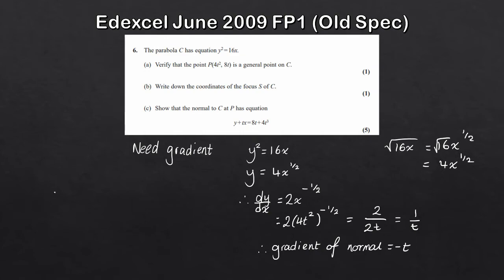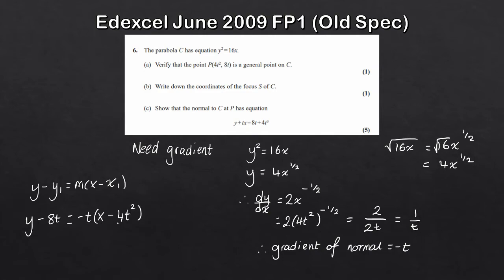So now, all we need to do is use the equation of a straight line. So y minus y1 is equal to m lots of x minus x1. Using this gradient and just substitute a point in, which is this point here, P. Okay, so therefore, y minus 8t is equal to m, where m is minus t lots of x minus 4t squared, because that's our x coordinate.